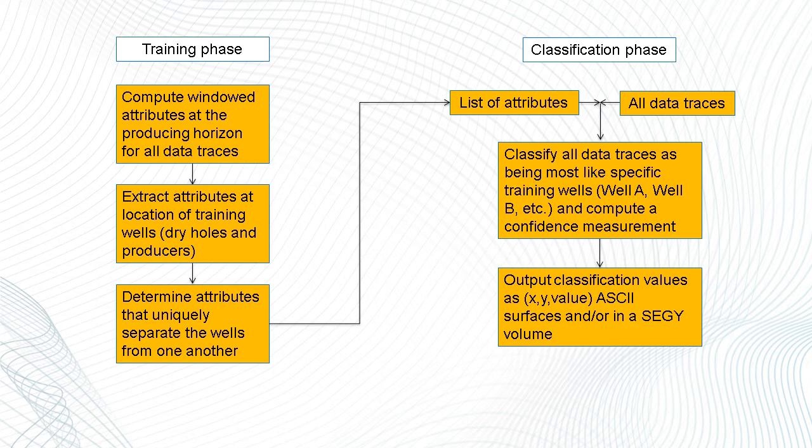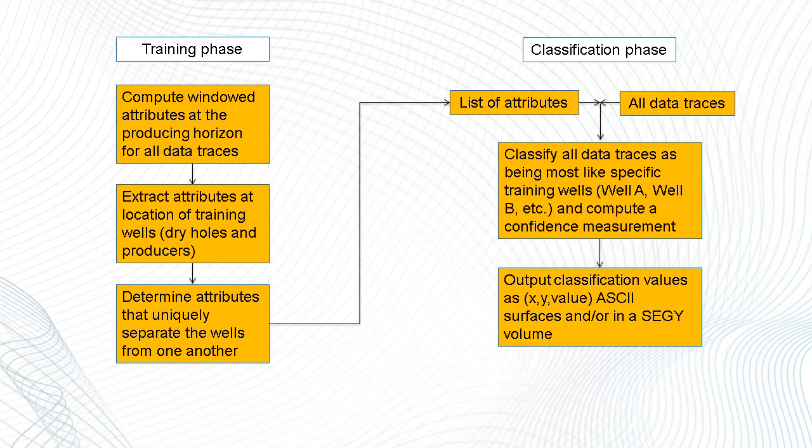Now we move on to the classification phase. We take that list of attributes that uniquely identify each well from each other, and all the data traces, we combine those and we classify all the data traces as being most like specific training wells, for example, well A, well B, etc. And we also compute a confidence measurement that the classified data trace is in fact like well A or well B, how much it is like well A and well B. And in fact, the confidence measurement is as important as the classification.